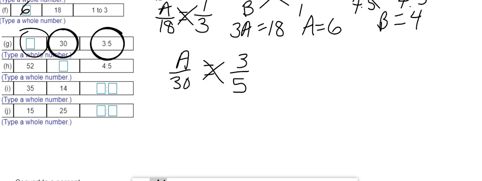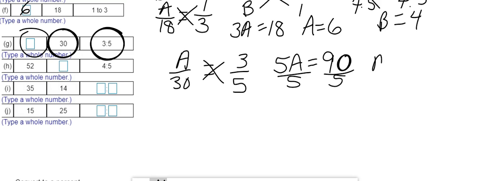Now we cross multiply, get 5a equals 30 times 3, which is 90. To solve this equation, we divide both sides by 5, give us a equals 90 divided by 5, which is 18. So 18 is the number that we put in our answer blank.